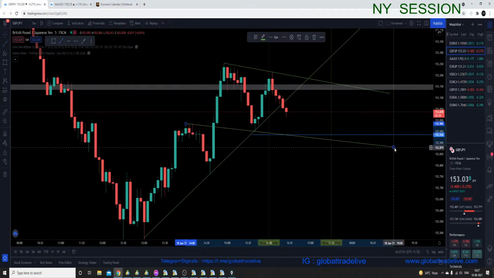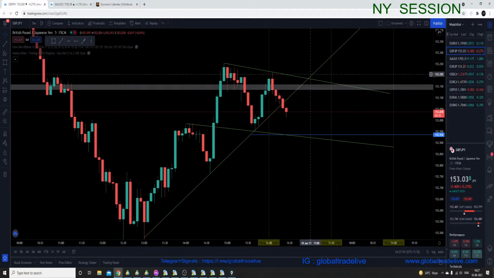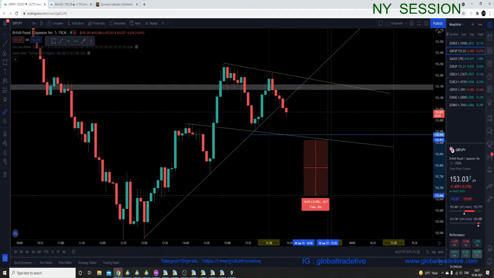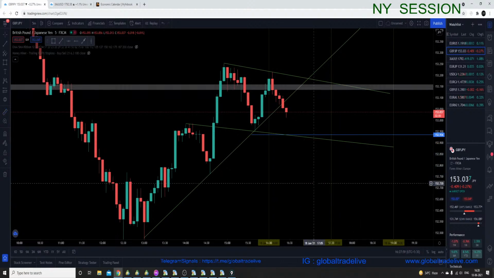If we draw this over here, we get a channel at this point. So the market will be coming down to this level, may reject this level, and once it starts to break below this channel, that will be the point of execution to go down.